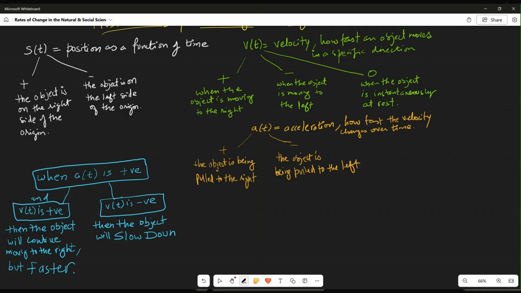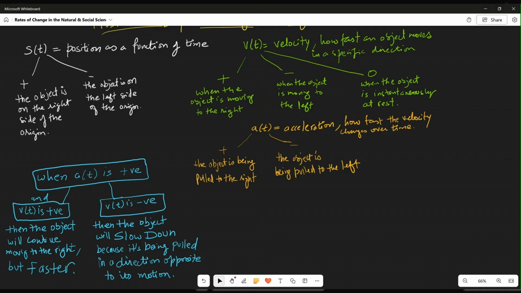Because it's being pulled in a direction opposite to its motion. So we have looked at when acceleration is positive and velocity is positive, negative.